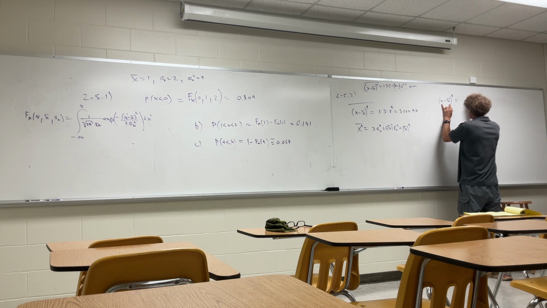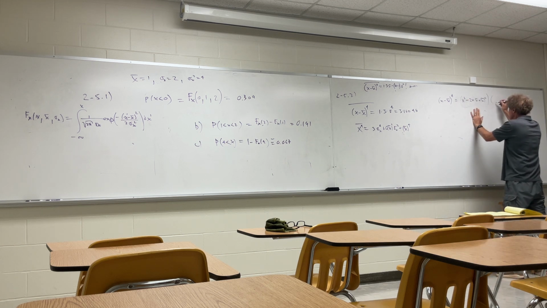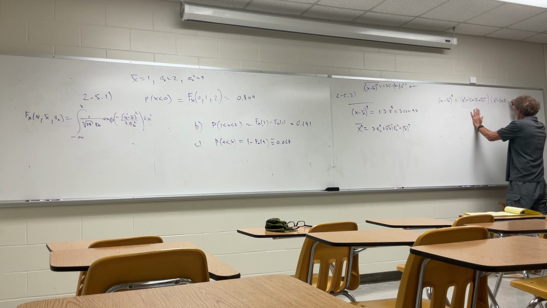So that's going to be equal to x squared minus 2x x bar, and it's going to be plus x bar squared, and that whole thing has to be multiplied by that. Look at this. X squared minus 2x x bar, and it's going to be plus x bar squared.